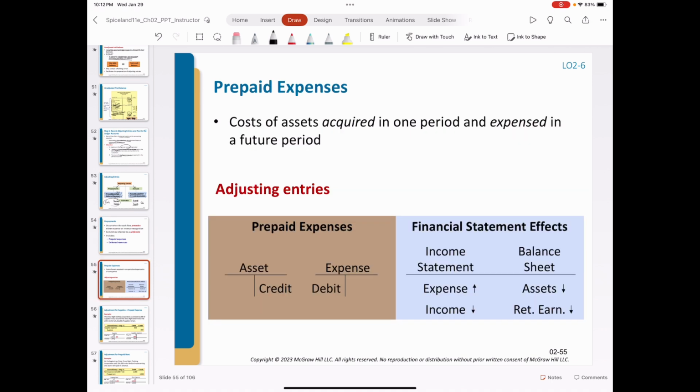So the prepaid expense is an asset account. When the company makes prepayments, the expense will be recognized later. So for the adjusting journal entry, we will recognize the expense, while we will credit the asset, prepaid expenses.